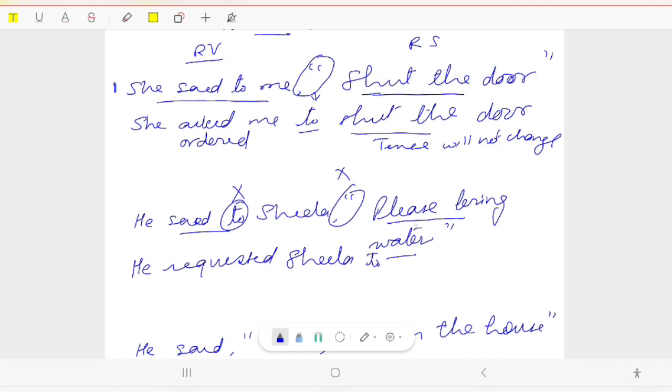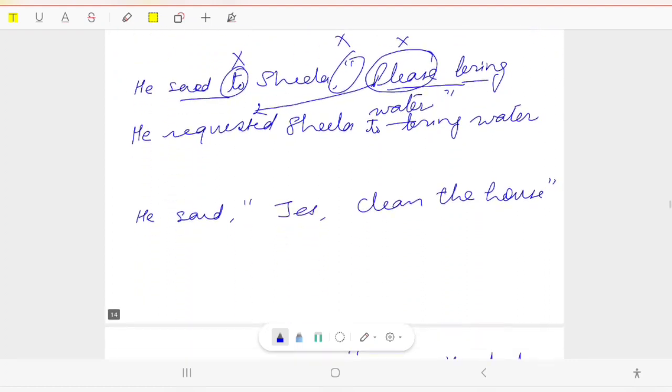Now the meaning of please has come here in requested, so we will remove the word please. So, he requested Sheila to, and the rest as it is, bring water. He requested Sheila to bring water. Have a look at the next example.